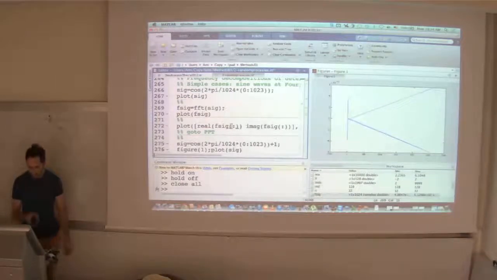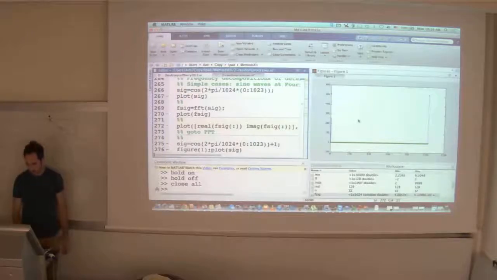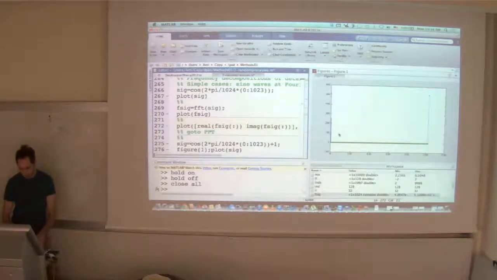If you want to look at it as the amplitude domain and the phase domain, we need to look at the real part of this complex number and the imaginary part. So the blue line right now is the amplitude domain, and the green is the phase domain.